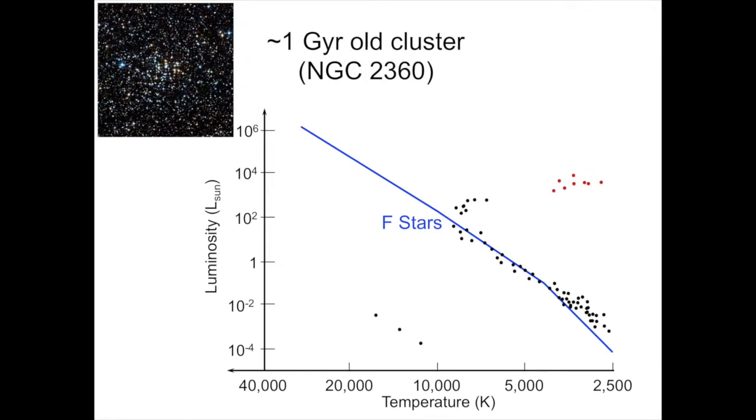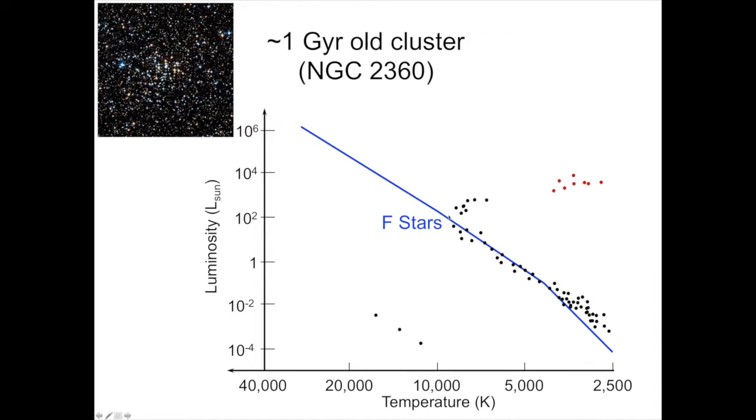If we now go to a billion-year-old star cluster, like NGC 2360, the first thing you notice is there are not as many blue stars in here anymore, but a lot of little red stars. And indeed, when we look at the Hertzsprung-Russell diagram, the main sequence has become completely depopulated for A, B, and O stars.